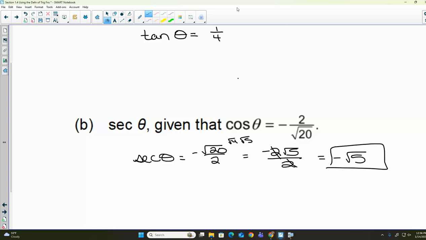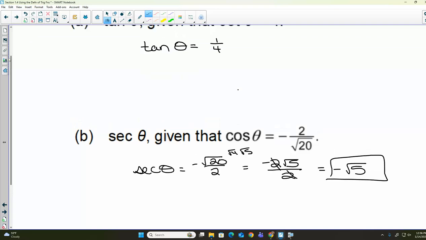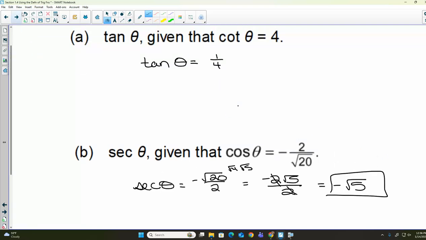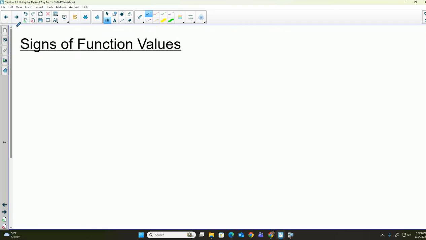All right. Next thing I want to talk about. We've seen sometimes our answers are positive, sometimes they're negative, and that is based off our quadrants. So we can talk about the signs of our trig functions. We can know if they're going to be positive or negative based off where they lie.